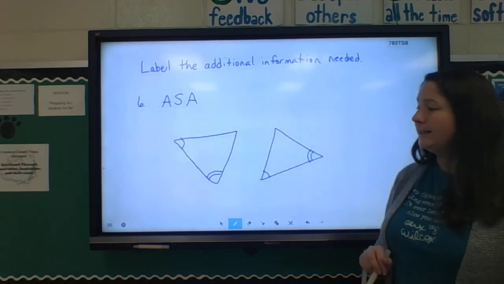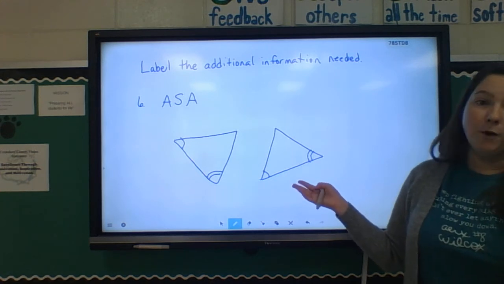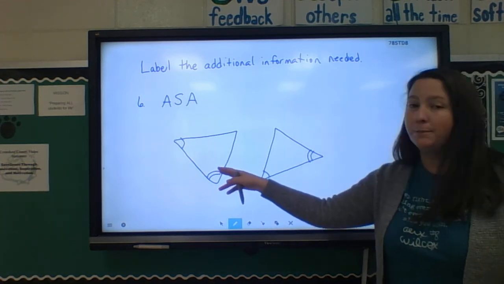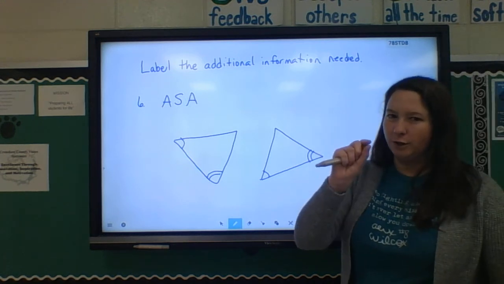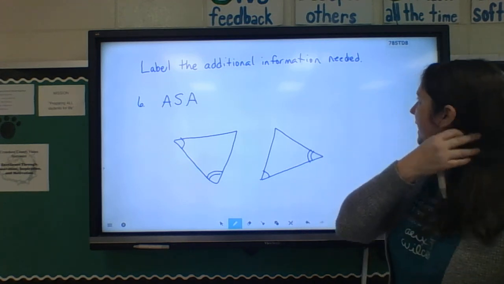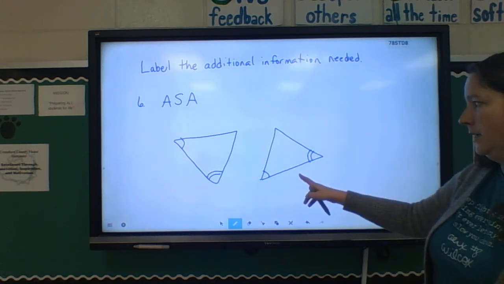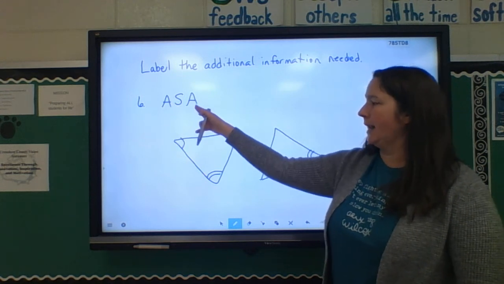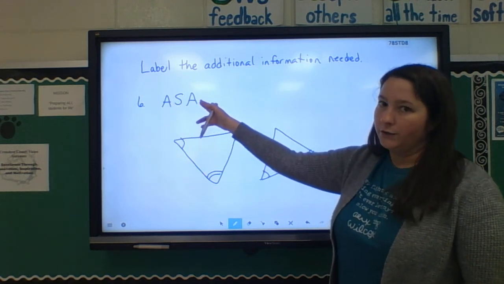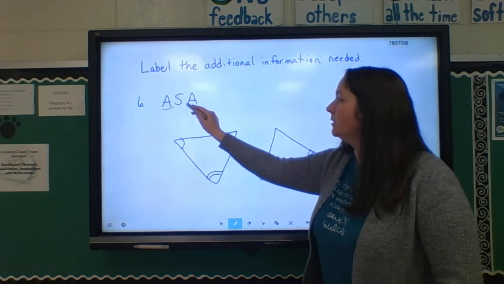All right, now this one, if you look at the triangles, it says, oh my goodness, I only have 2 things marked. So earlier you said not enough information. Well, this problem's a little bit different. It wants us to label the information needed. It tells us that the postulate is angle side angle. So where am I going? I have my 2 angles marked.